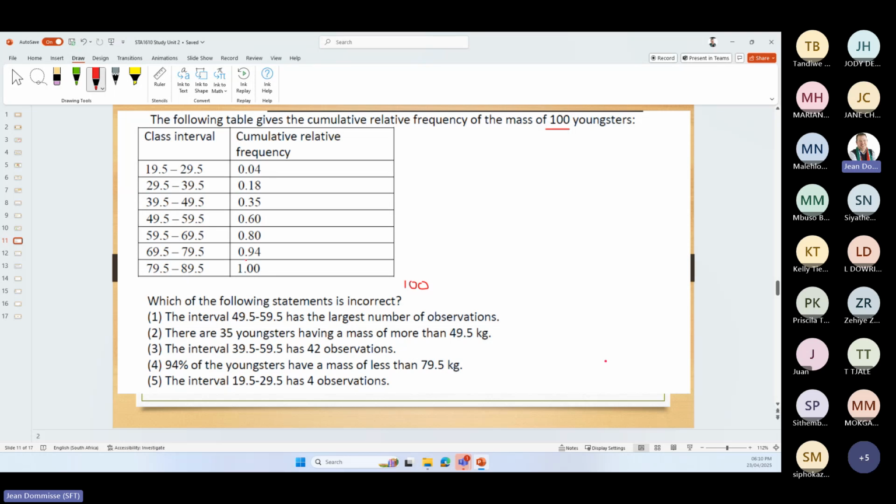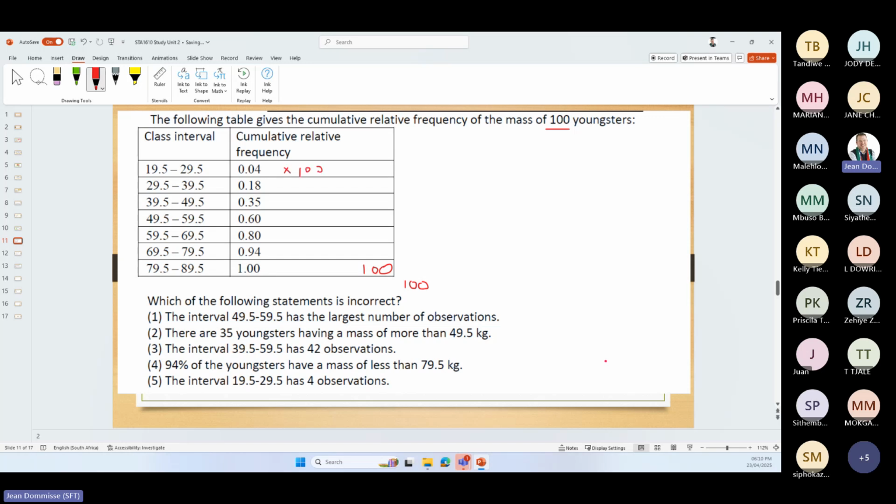How is the frequency distributed? Up until the last one, we need to reach 100. So 100 students have a weight of less than 89.5. Okay, but if you want to get the number for each of the cumulative frequencies, you will just multiply by 100.